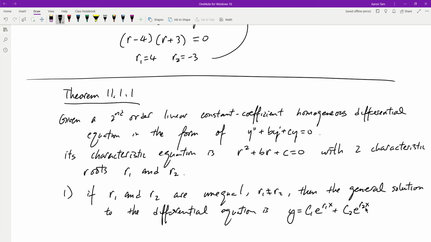Or it could be t, depending on what independent variable you have. So that works if r1 and r2 are not the same.